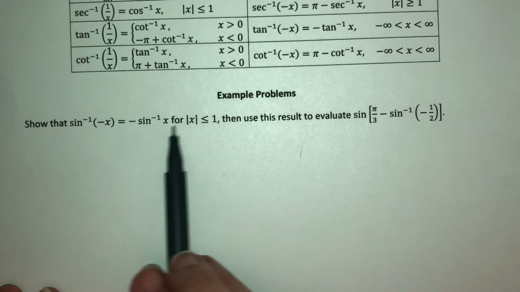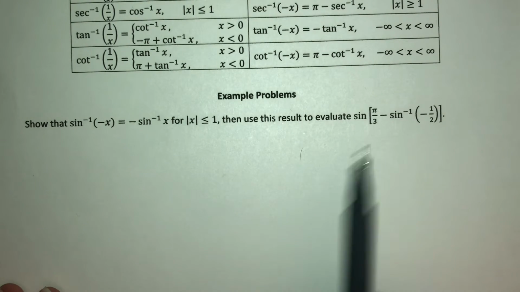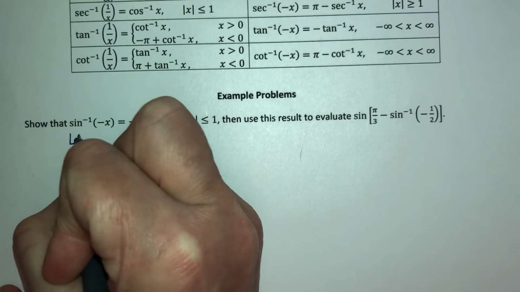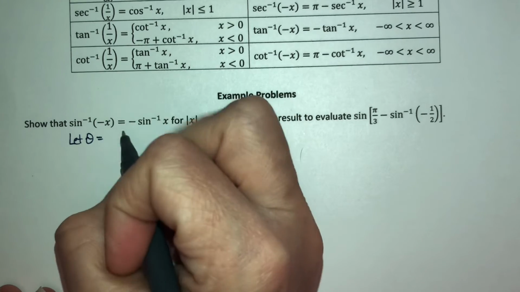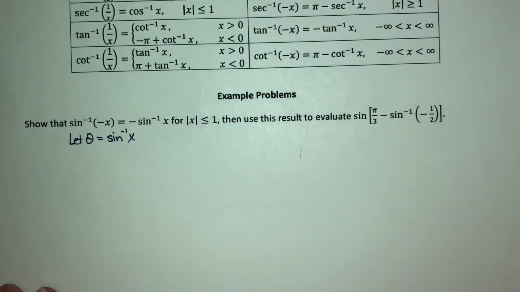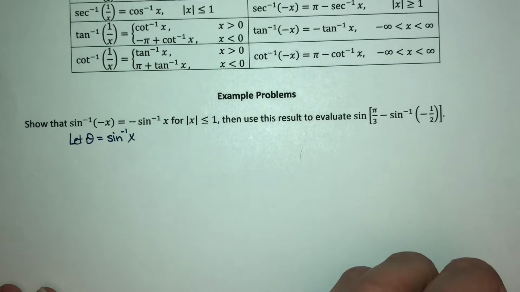Basically, they're asking us to show that this is an odd function, and then we're supposed to use that result. Now I'm going to define a theta that is equal to inverse sine of x. I don't know what this is, but it's the answer to this.